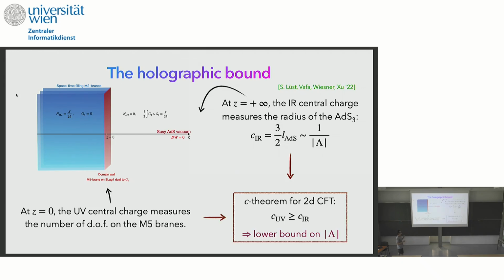Then these authors in the Harvard group use a c-theorem for two-dimensional CFT, which tells you that the central charge in the UV has to be bigger than the central charge in the IR. Therefore, that puts a lower bound on the absolute value of the cosmological constant.